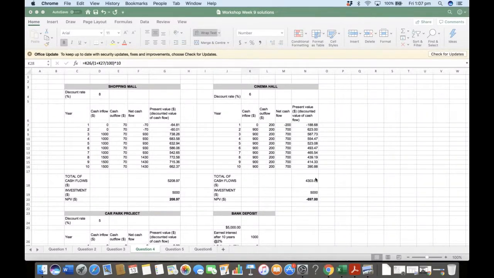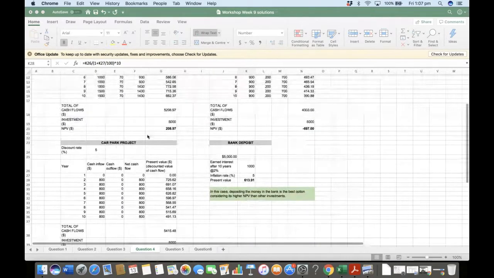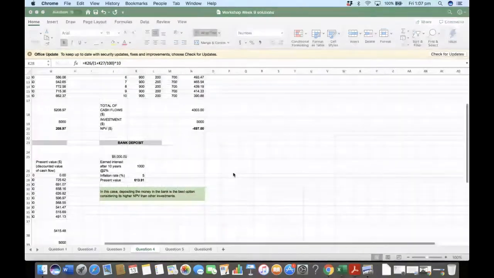So we can say that this is a loss-making project: the negative cash flow is this, minus this, is a negative. So the net cash flow is a negative value, and we are going to incur a loss of 697K if we invest in this project. So definitely not a good option. We have this one so far, and we are going to compare with the other two.